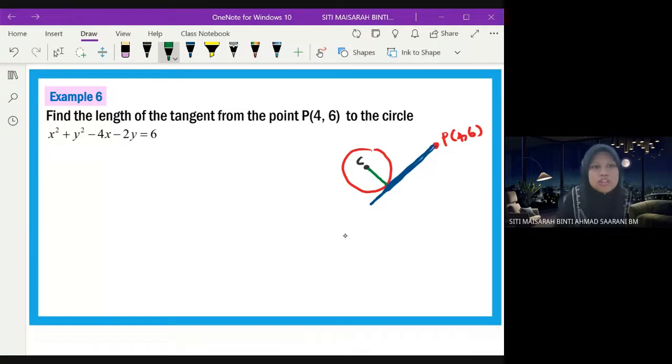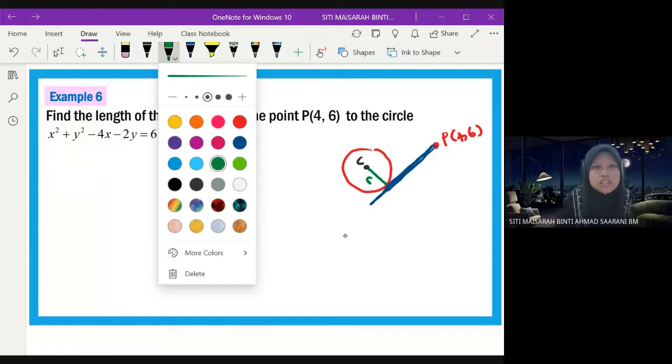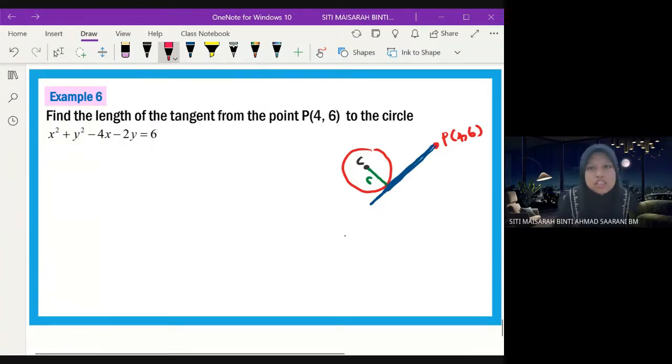So yang ni radius R. And then another one is yang ni distance. Ini kena guna formula distance. Okay. So first kita cari radius dulu. Since dia bagi x square plus y square minus 4x minus 2y equals to 6. So ubah dulu.